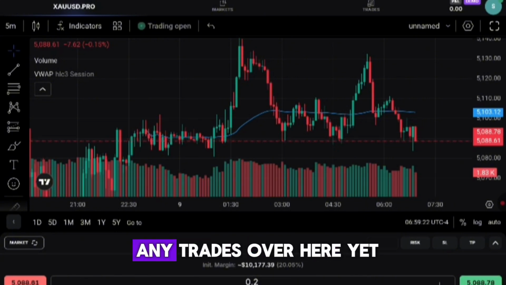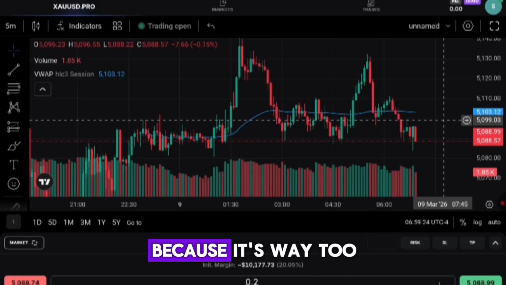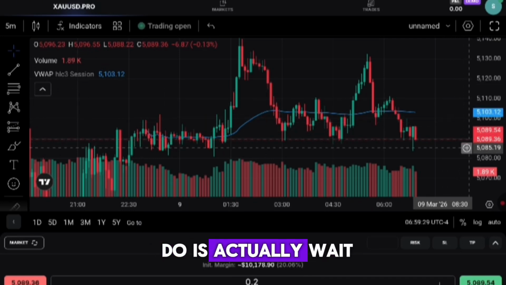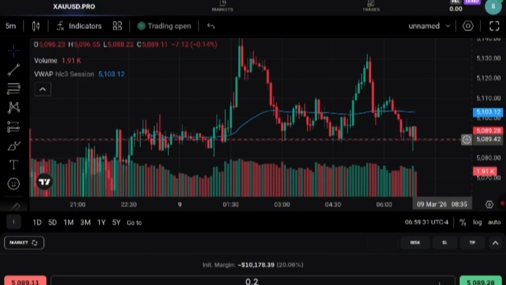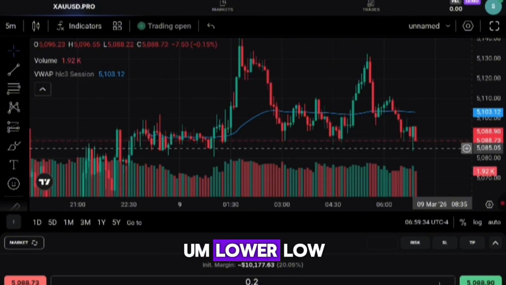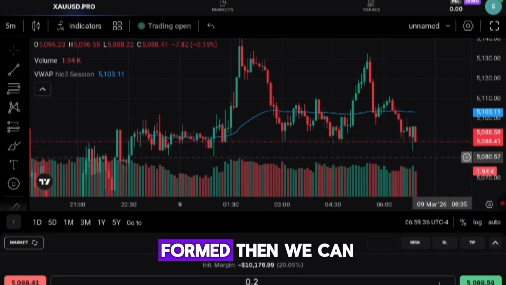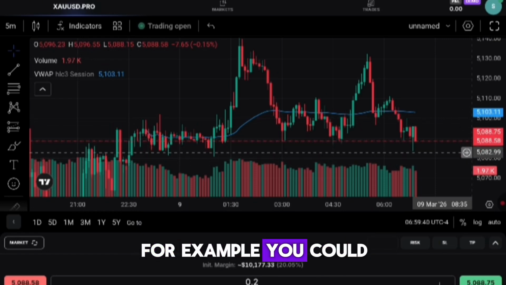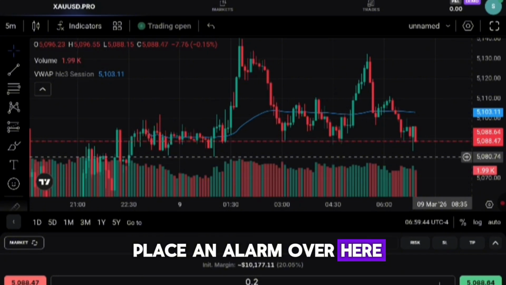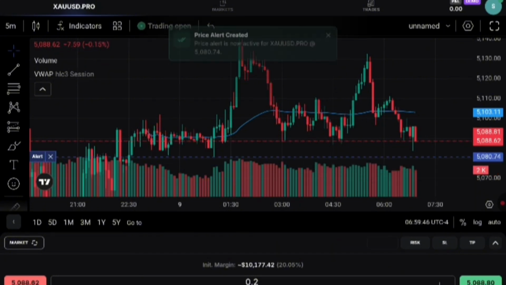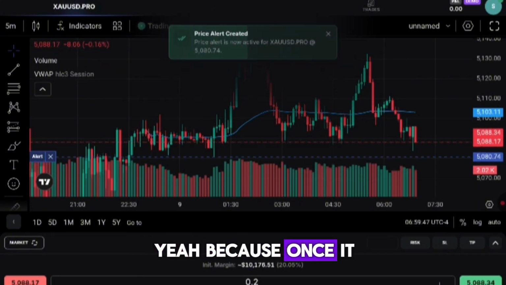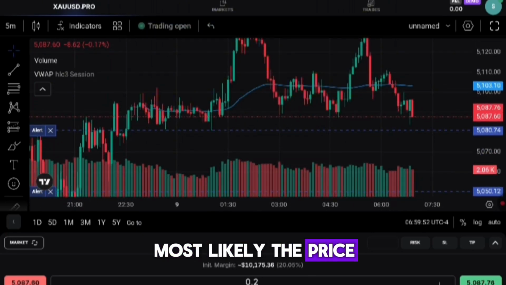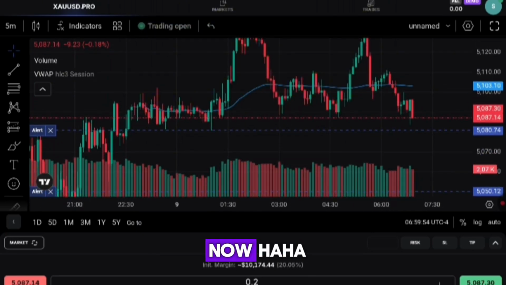We're not gonna take any trades over here yet because it's way too close to the line, but what you can do is actually wait for a second lower low. So when that is formed, then we can look for entries. Right now, for example, you could place an alarm over here, because once it crosses this area, most likely the price will drop, like right now.